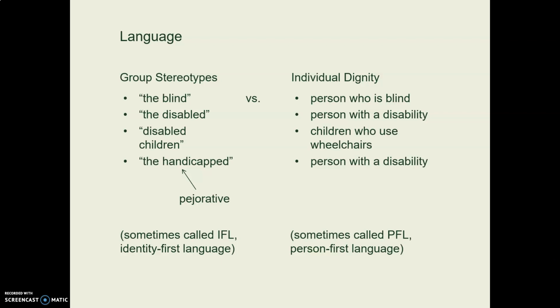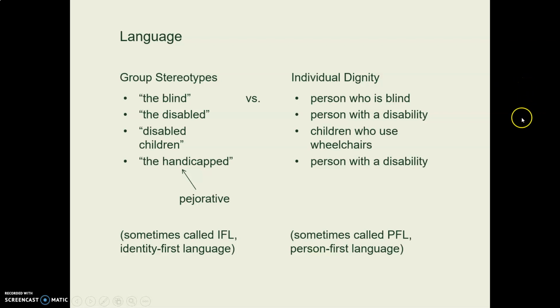Well, excuse me, but that person who is blind is actually an attorney and would prefer to be thought of as an attorney, not the blind. The person who uses a wheelchair is actually an architect and would prefer to be thought of as an architect, not the handicapped.